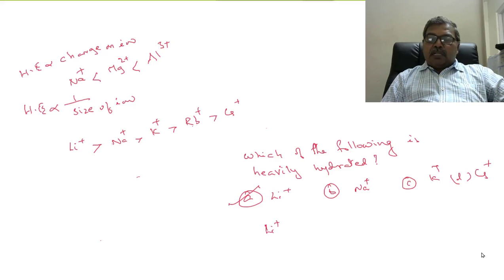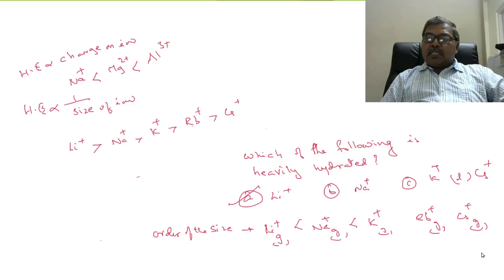So Li+ ion in the gaseous state, Na+ ion in the gaseous state, K+, Rb+, Cs+. In the gaseous state, the order of size is Li+ less than Na+ less than K+ less than Rb+ less than Cs+.